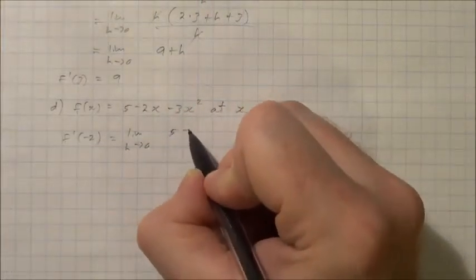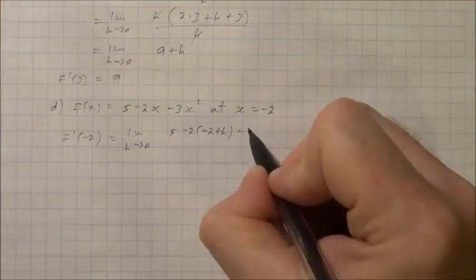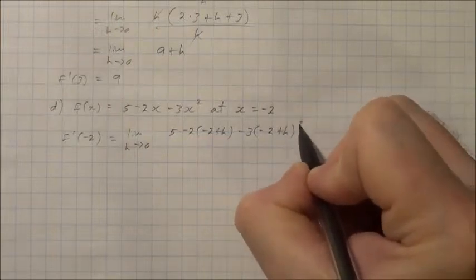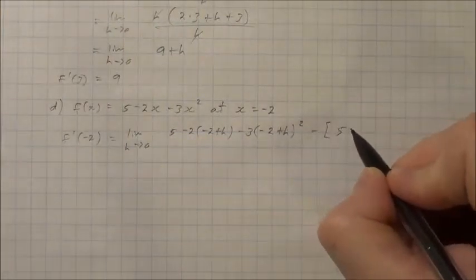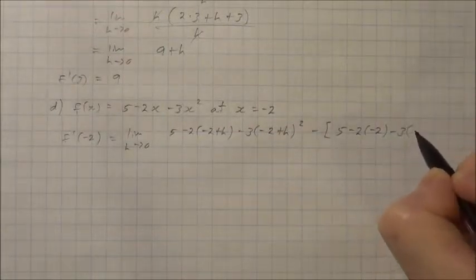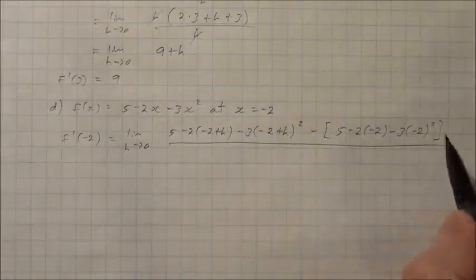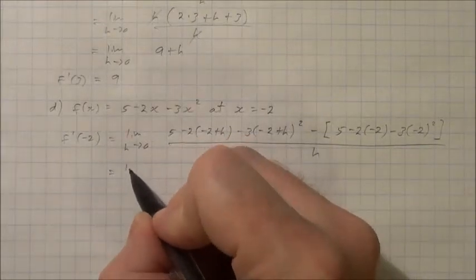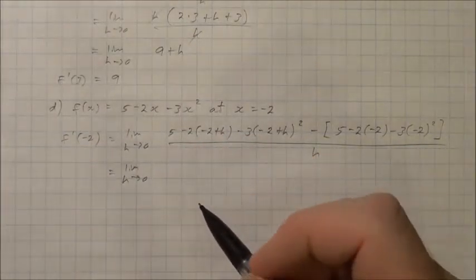So we do 5 minus 2 times negative 2 plus h minus 3 times negative 2 plus h squared, minus 5 minus 2 times negative 2 minus 3 times negative 2 squared, all over h. And that limit is, of course, as h approaches 0.